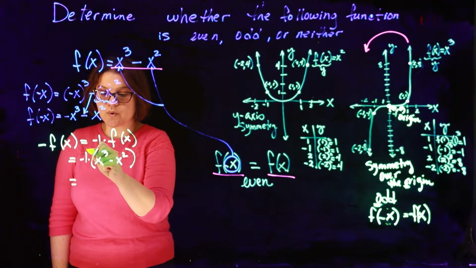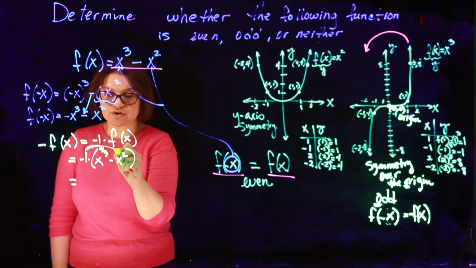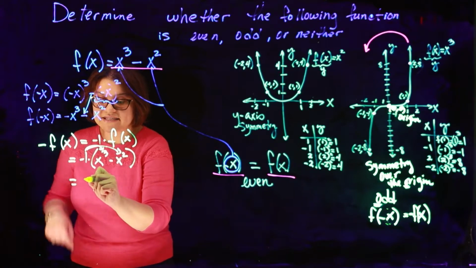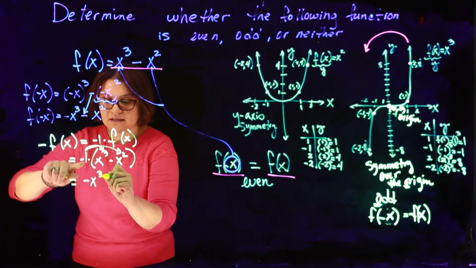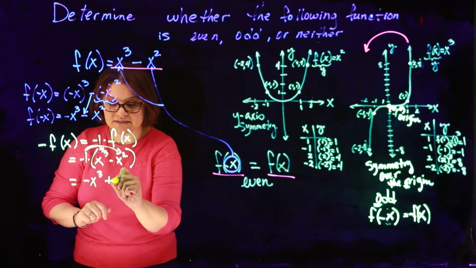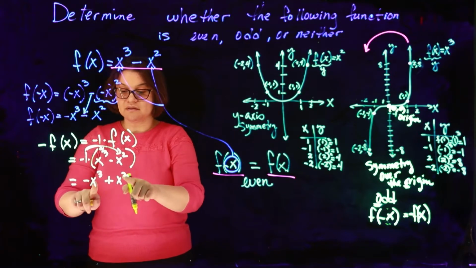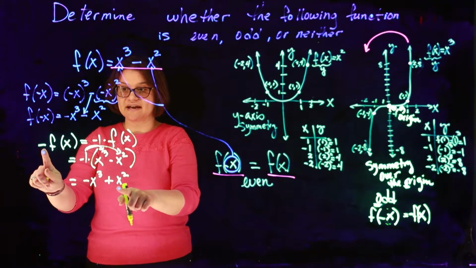Okay, that means we're going to distribute negative 1 to open our parentheses. Negative times positive is negative. Negative times negative is positive. Okay. This is negative f of x.